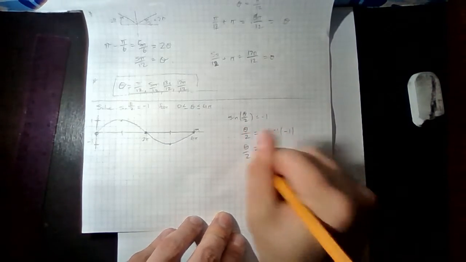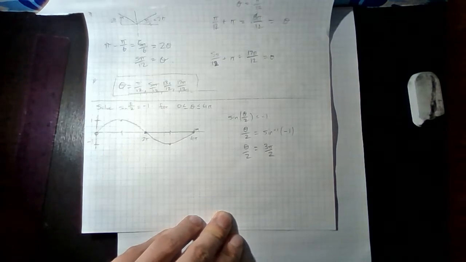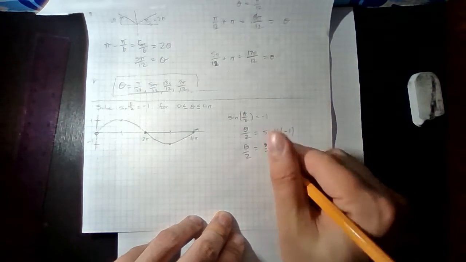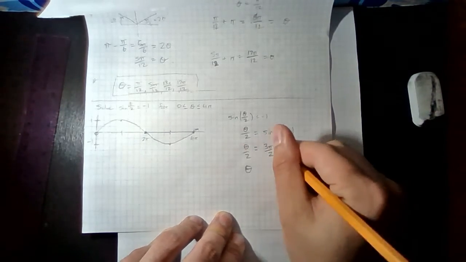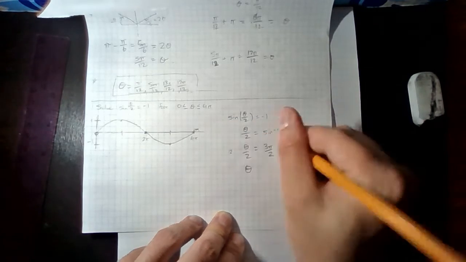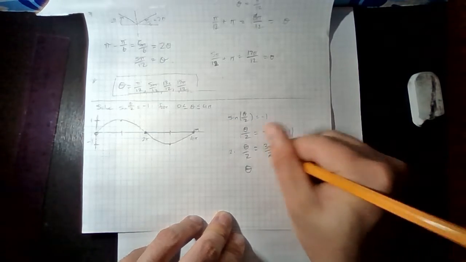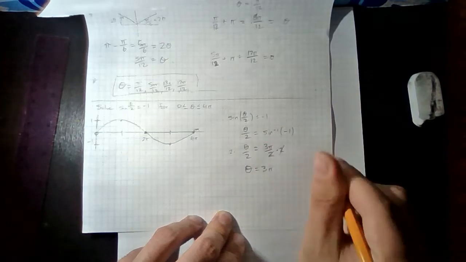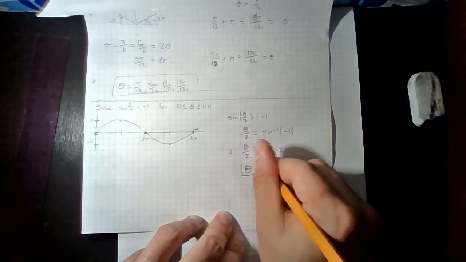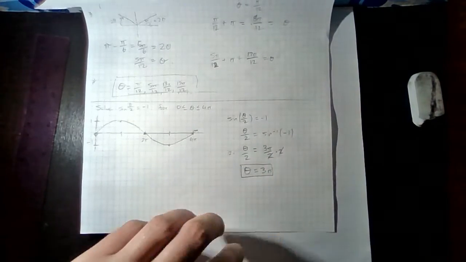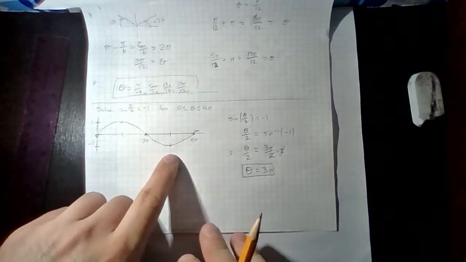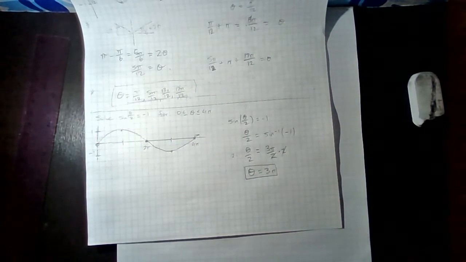So theta over 2 equals 3 pi over 2. Multiply both sides by 2, our 2's cancel out, and we just get left with theta is 3 pi. And that's what showed up in our graph as well, that theta had to be equal to 3 pi.